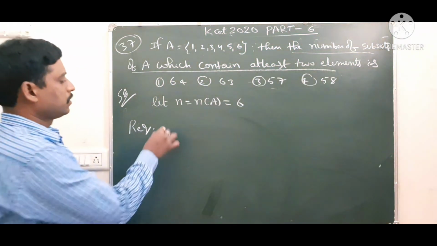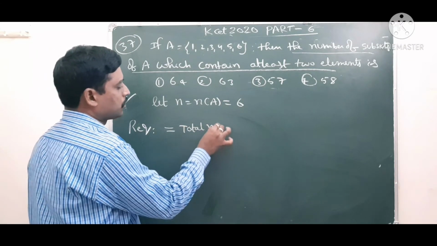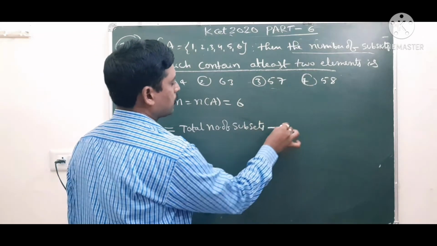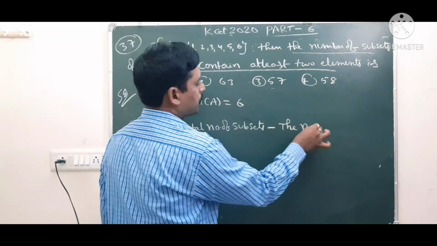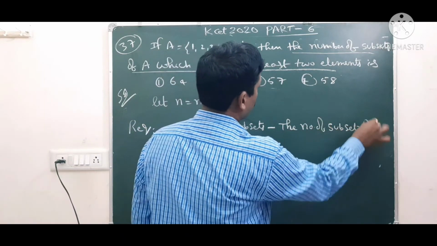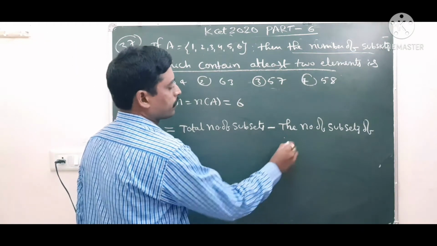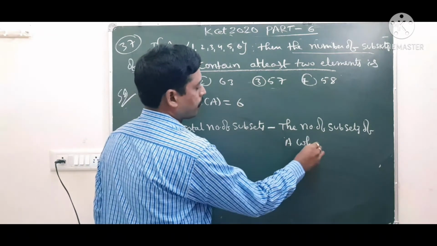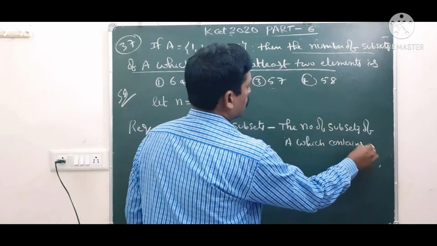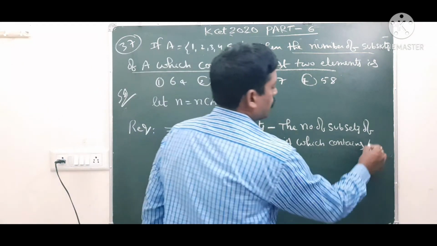So this is nothing but the total number of subsets minus the number of subsets of A which contain less than 2 elements. At least 2 elements means total minus less than 2 elements.